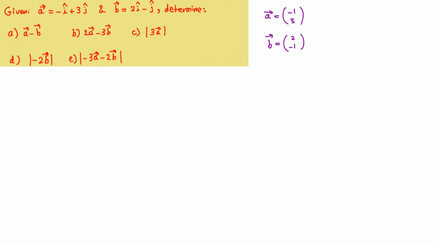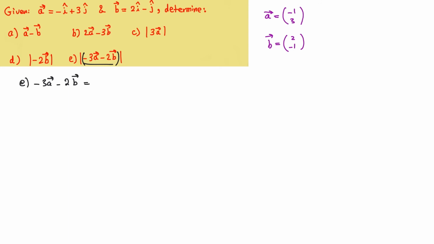So in this question, we need the magnitude of -3 times vector A minus 2 times vector B. So let's see what that vector is first, because that's within the magnitude sign, so you can kind of treat this as a bracket. We need to do this first before we find the magnitude.